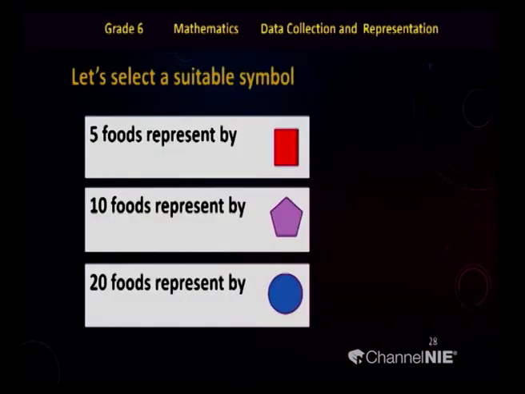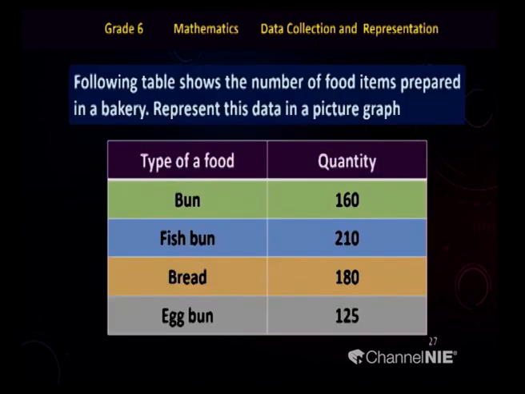If we use 5, it is impossible to represent because we have to use that symbol several times. If we use 10, we have to use a half for 125. It is very hard to represent 125.